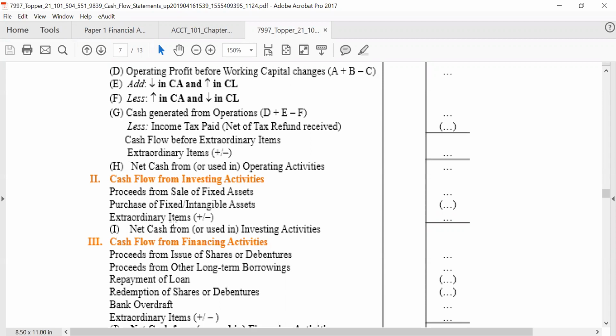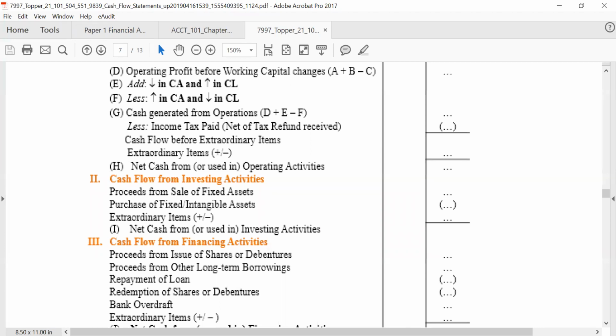So it's a cash outflow. In case you get dividends from MTN as a business, then that is more of a cash inflow because you're benefiting as an investor. The business is now the investor in another business. So the dividends are more of cash flow from investing activities.